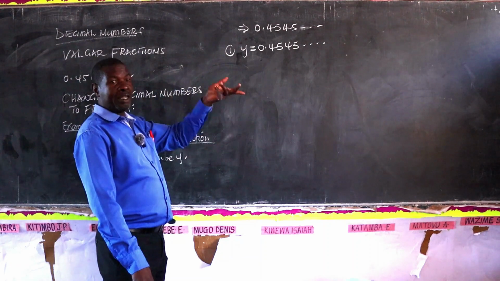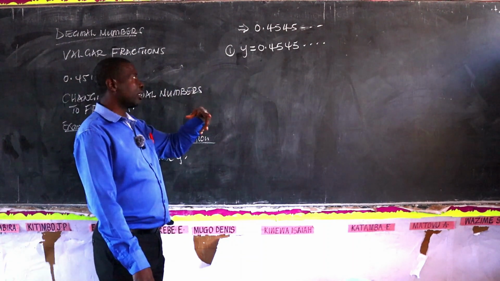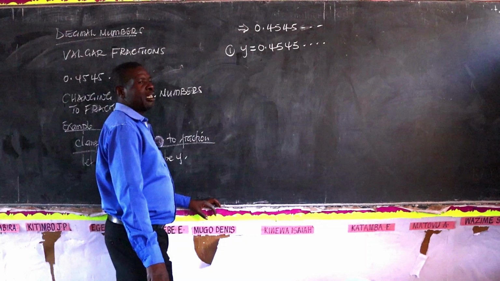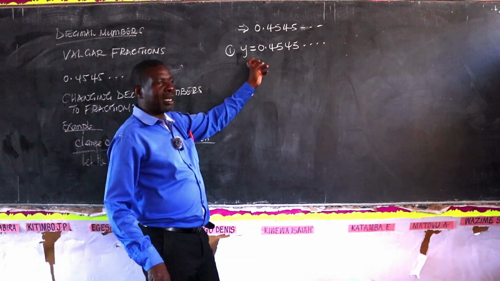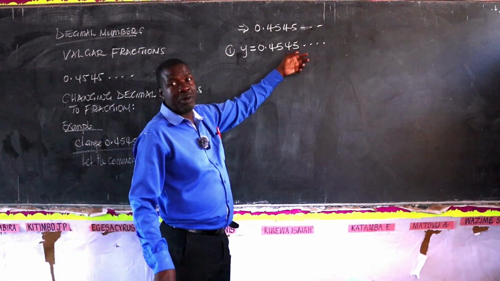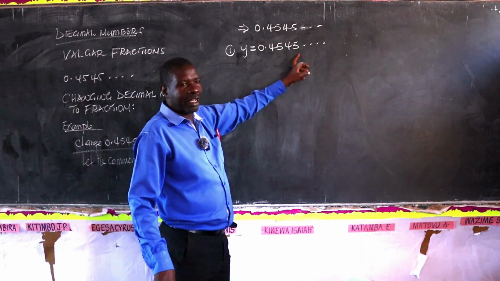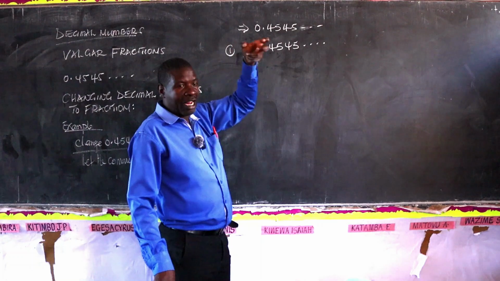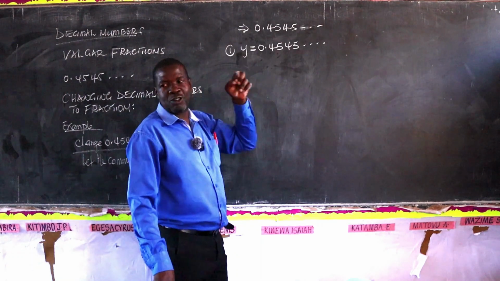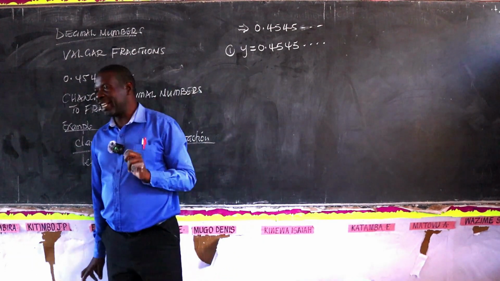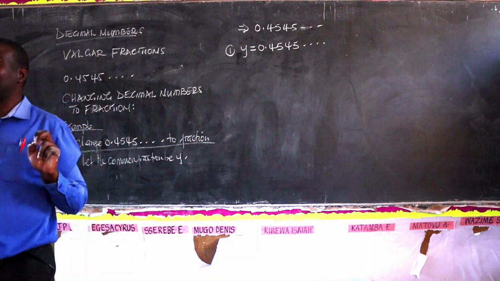Then we form another equation by eliminating the decimal point. As we eliminate the decimal point, we look at the common numbers that are repeating. The repeating numbers are 4, 5. Since they are two numbers, they qualify to be in place value of 100.